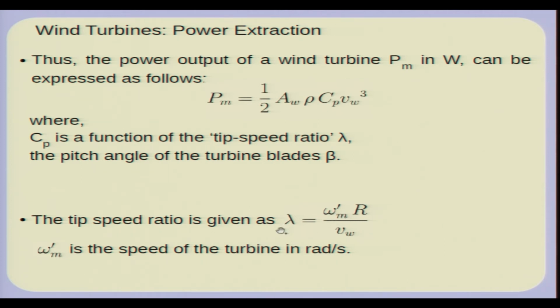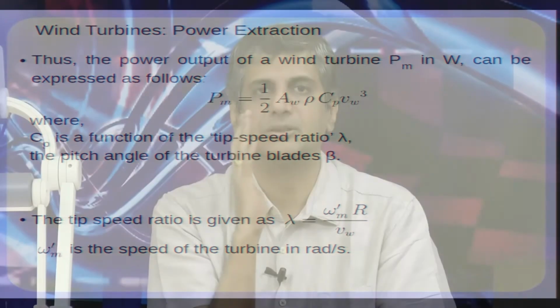Okay. So, the tip speed ratio is the ratio of the tip speed, which is the angular speed into the radius, with respect to the wind speed. Okay. So, if you have a wind speed, your Cp is dependent on the tip speed ratio.